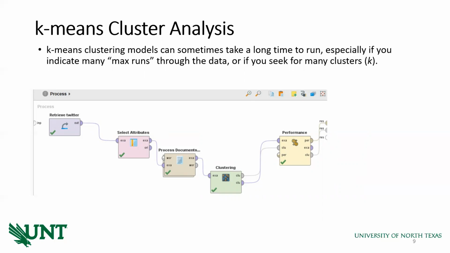As I said, data cleaning is done through the process documents step. The different processes are retrieve Twitter, select attributes, process documents, the data cleaning, clustering, and performance. We'll go through it later.